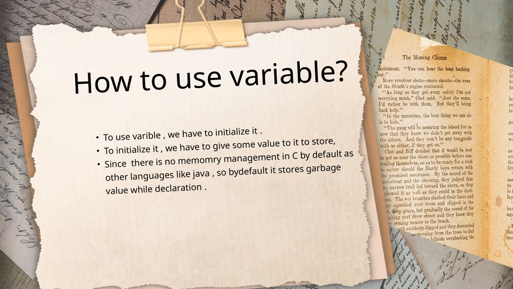Instead, it contains what's called a garbage value, random data that was there before. So, it's really important to initialize your variables right after declaring them to ensure you're working with known, predictable data. This step is crucial because it helps prevent bugs and makes your program behave consistently. Remember, initializing your variables is fundamental to managing data properly in C.